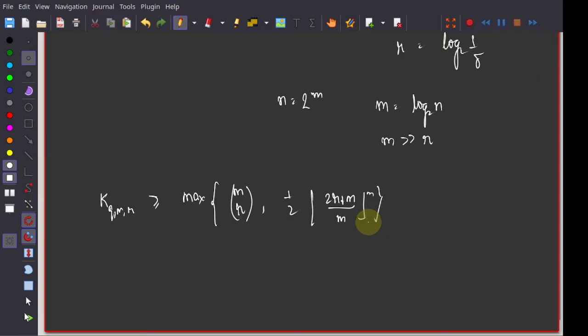Correct. But then remember, this is of the form 1 plus constant divided by m, whole raised to the m.